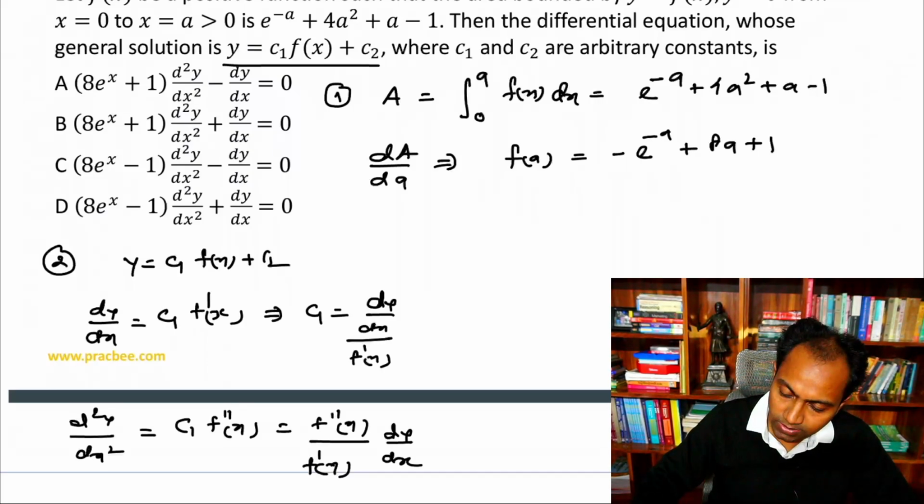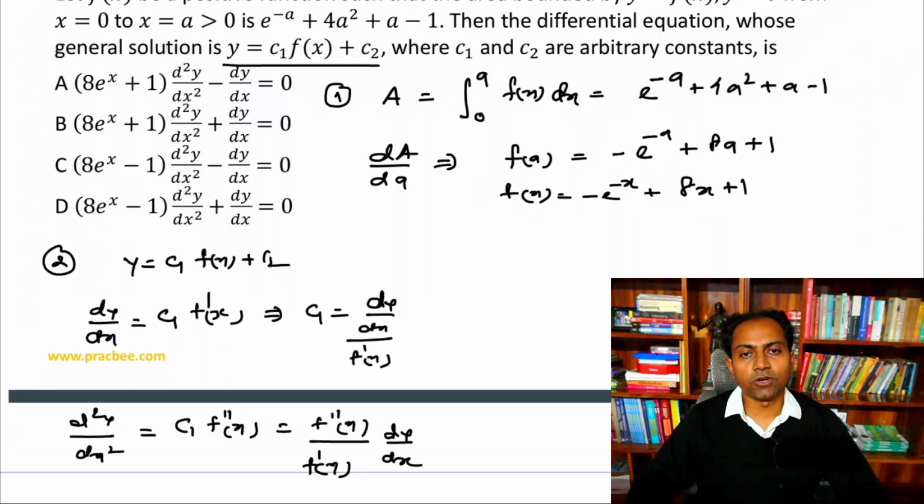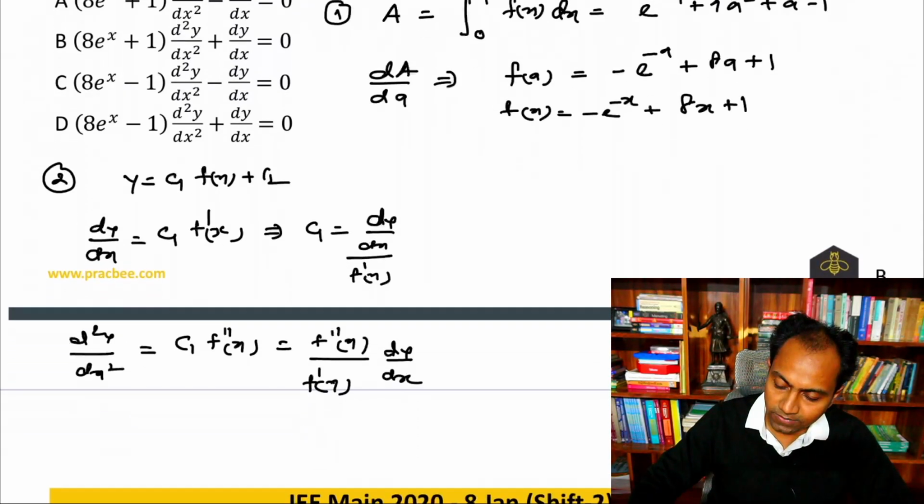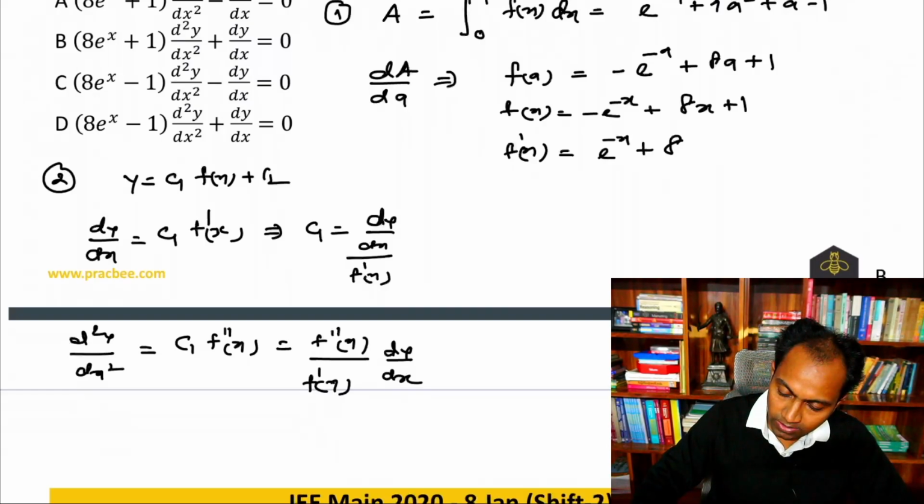And now here you can replace a by x, and it is e raised to the power minus x plus 8x plus 1. Now this is not what we want. What we want is the derivative. So if I differentiate this once, it becomes nothing but e raised to the power minus x plus 8. And if I differentiate it one more time, it is minus e raised to the power minus x.